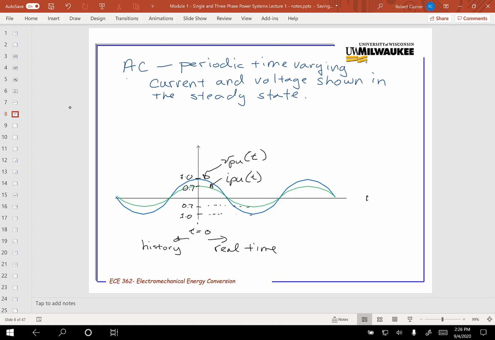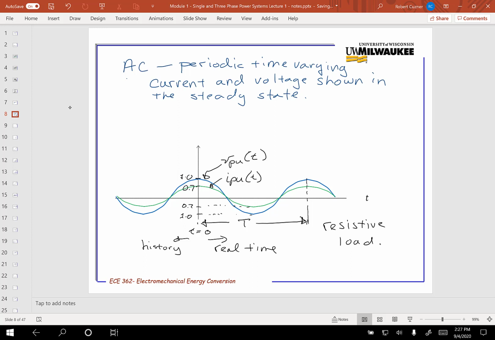Okay, we're looking at this on an oscilloscope, and it's going to look this way. So the peak will repeat when a period is completed, and I'm going to define that period as T. And we're talking about a resistive load in this case.